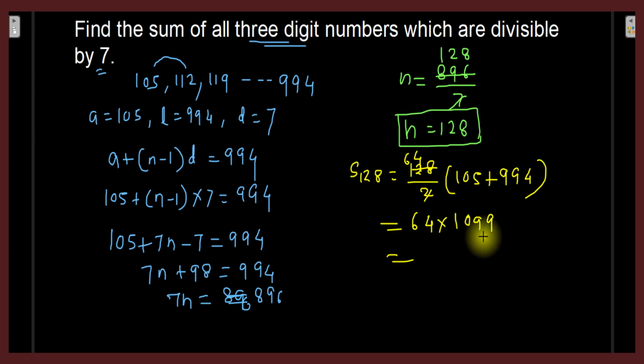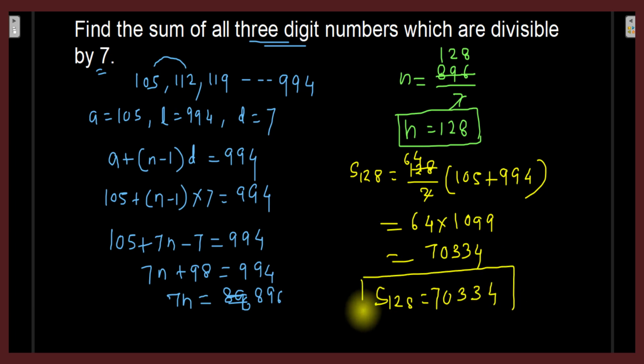So 64 into 1099, that will be equal to 70,334. So S128, that is equal to 70,334. So highlight this answer also.